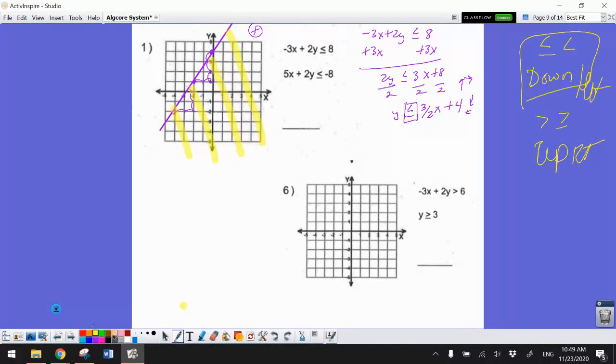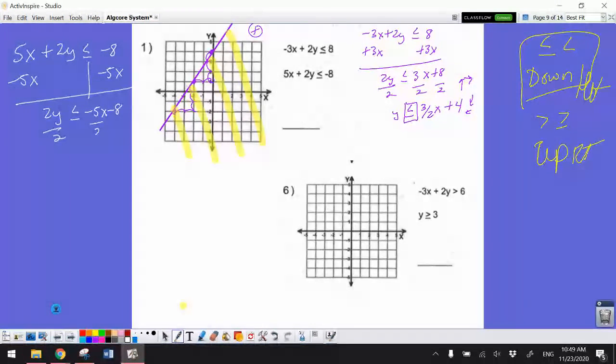Okay, let's go ahead and solve the other equation. So I'm going to go ahead and solve that one over here on the left-hand side. So 5x plus 2y less than or equal to negative 8. Remember, we're going to subtract our x's. So 2y less than or equal to negative 5x minus 8.